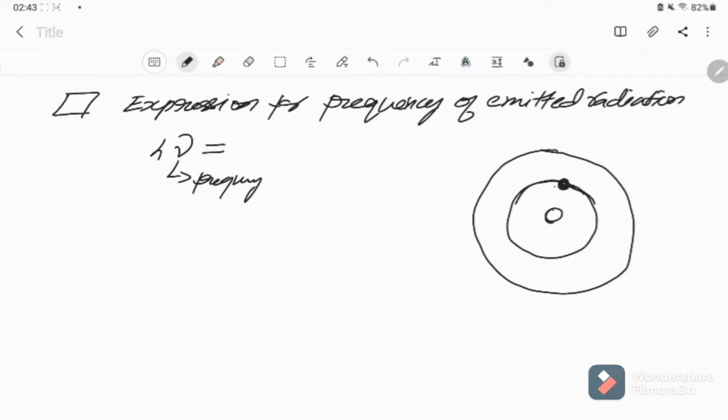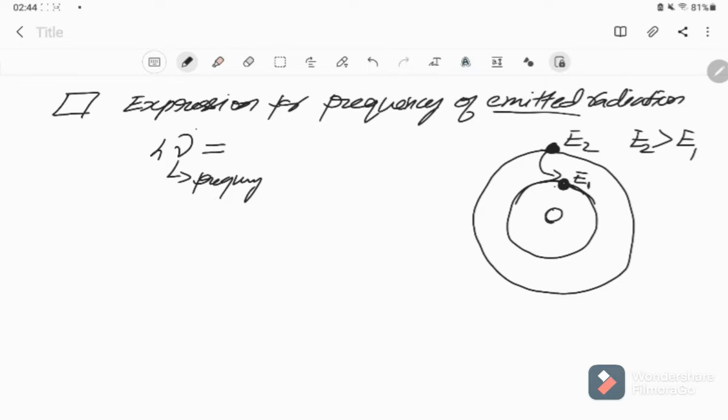Now in this case we will consider emission. When it emits radiation, the electron goes from a higher energy level to a lower energy level. Let's say this is E2, and in this state we need E1 energy, so E2 is greater than E1.